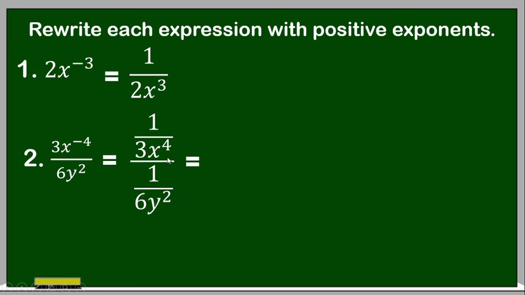Or you can have, in horizontal arrangement, 1 over 3x to the fourth power divided by 1 over 6y squared. To simplify the division of fractions, you can use cross multiplication.